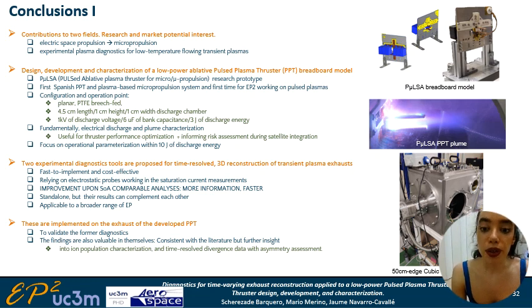The focus of this experimental characterization in terms of operational parameters has been the under 10 joules discharge energy regime. On the other side, that has been the main contribution of this thesis to the field.